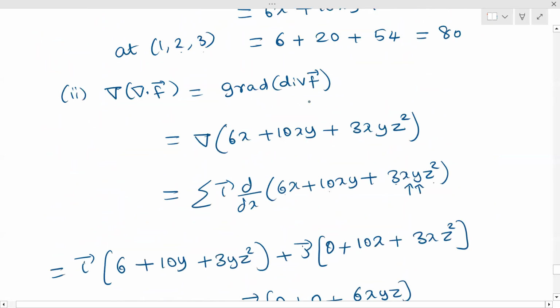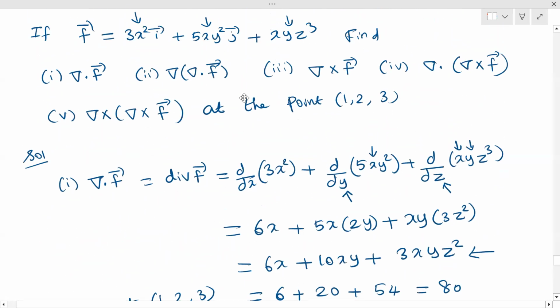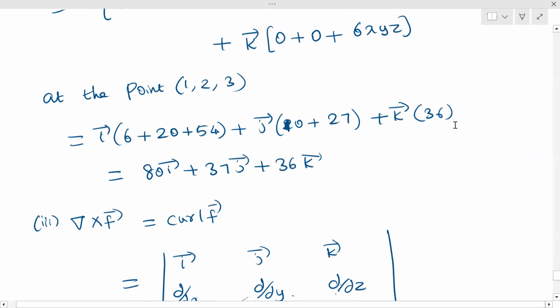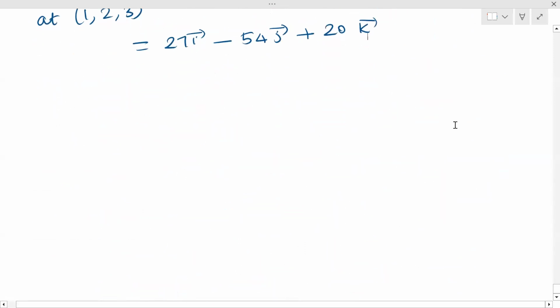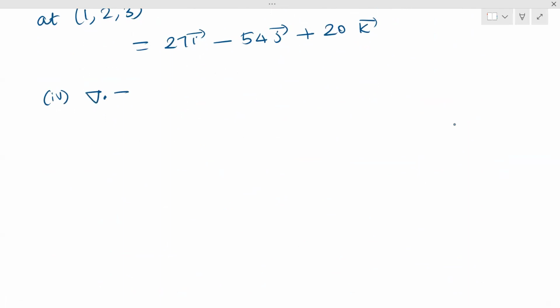What is the fourth subdivision? The fourth subdivision is del dot del cross F. Del dot means divergence, cross means curl, so it is the divergence of curl of F vector.